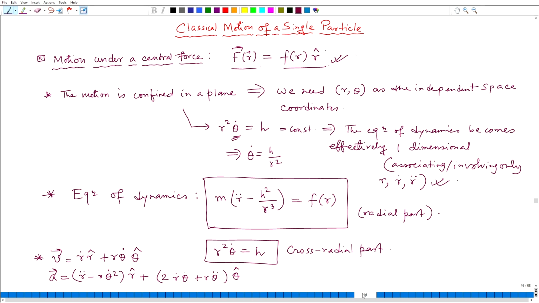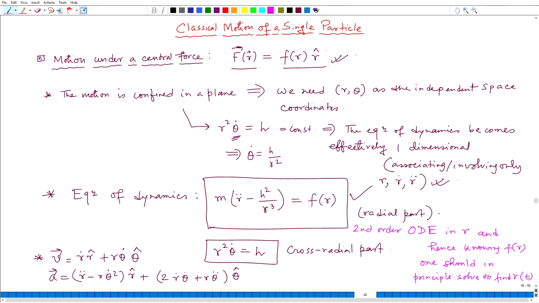Before going to that, just let me clarify that this is a second order ordinary differential equation in r, and hence knowing f of r, one should in principle solve to find r as a function of t and also r dot as a function of t.